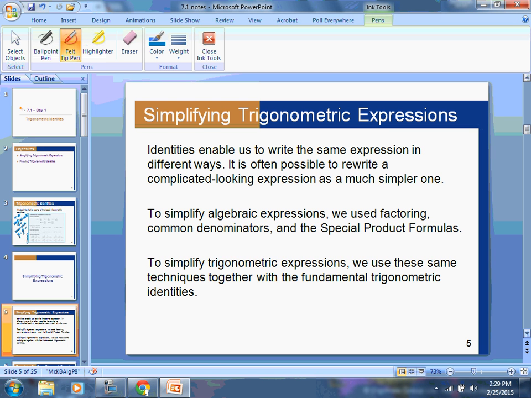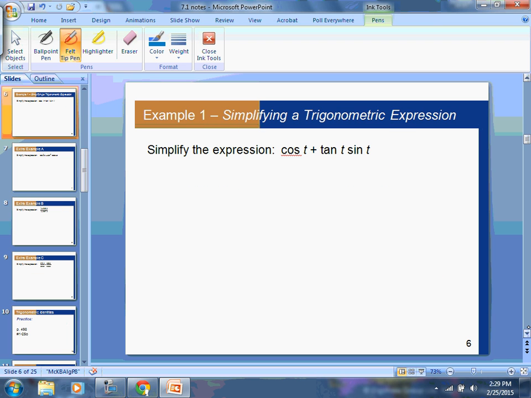And then we're going to use some of our algebra skills as well, like common denominators or factoring or breaking apart fractions. That way, when we have really complicated looking trig expressions like this one, we can simplify it all down into something much, much simpler.